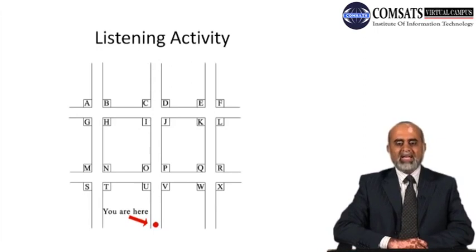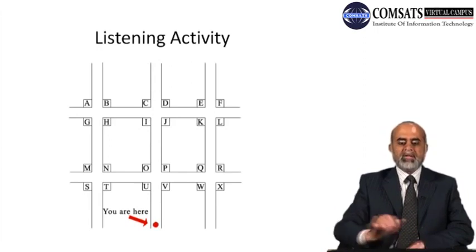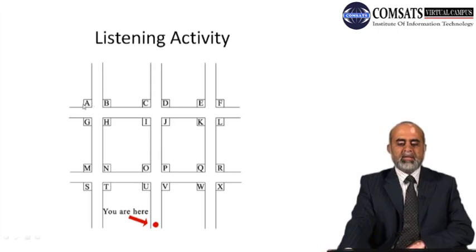Listen to it clearly and then mark where you ultimately arrive. There are different letters of the alphabet from A to X. So where does the speaker lead you to? After listening to the directions, where do you get? If you follow the directions clearly, then your answer should be correct.